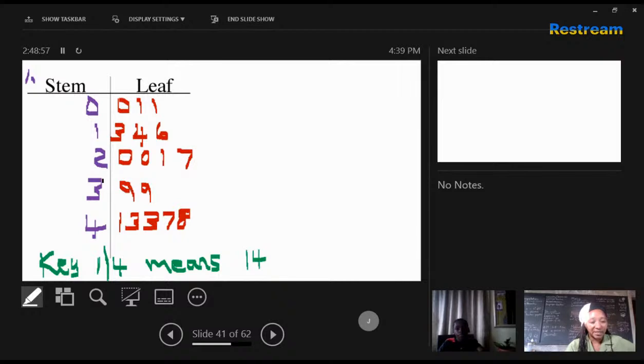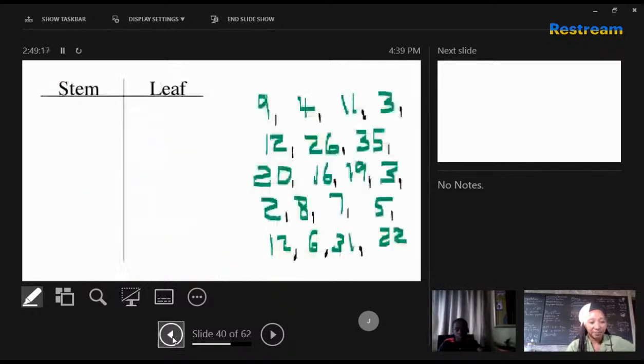This number represents 39, not 9. This is not 0, this is 20. This is not 1, it's 41. So we are to combine each stem with each digit in the leaf to get the different numbers.